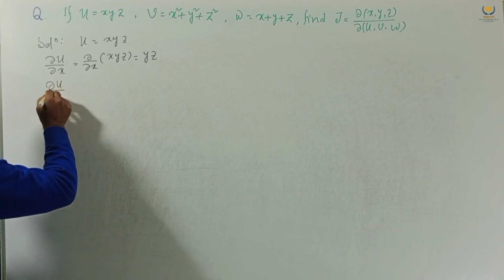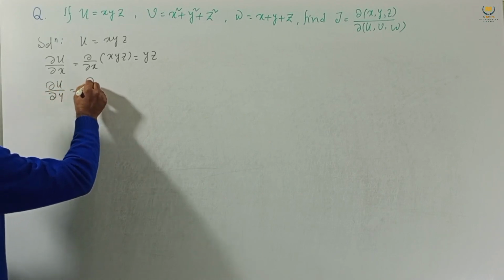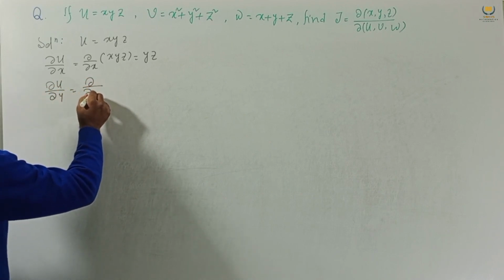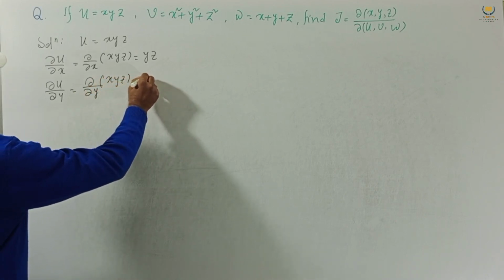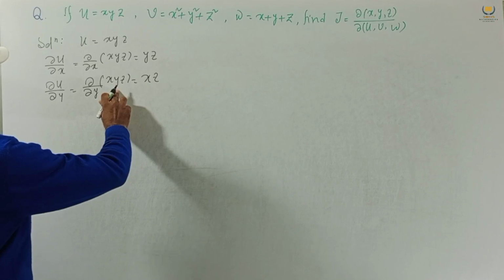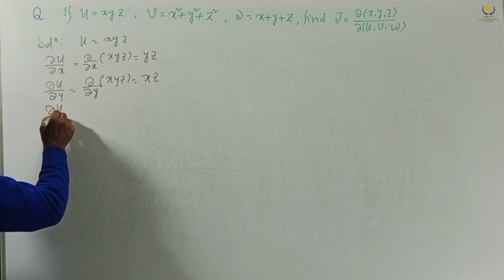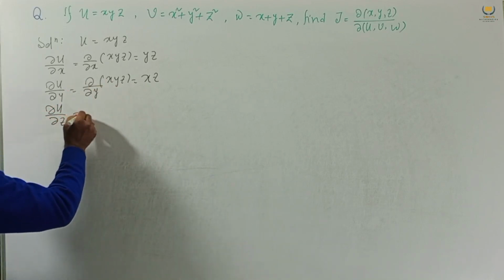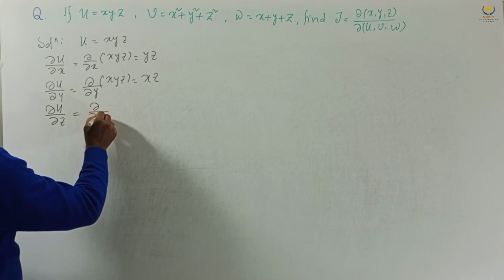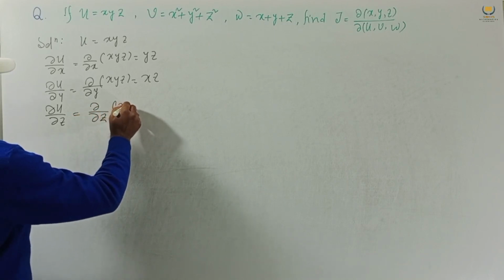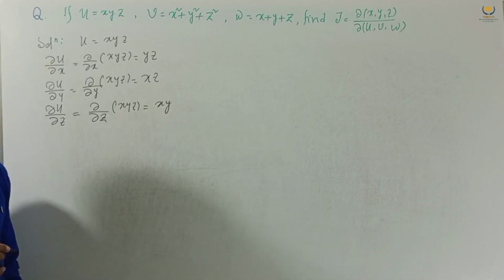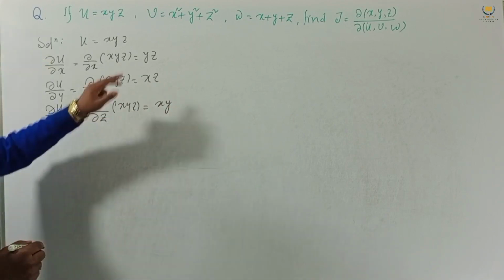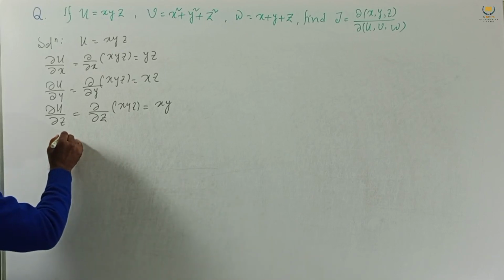Del u by del y, del by del y of xyz, this is xz. Del u by del z, del by del z of xyz, this is xy. We get these three. Next, v we consider.